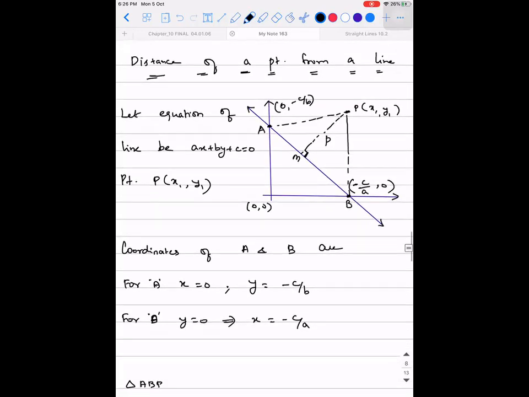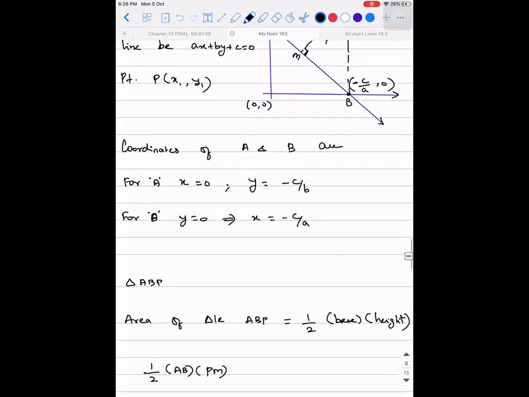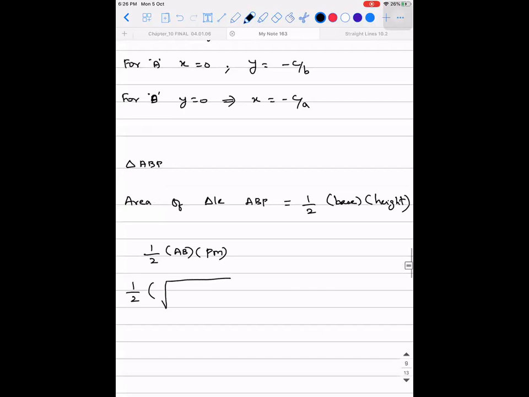What is the distance between points A and B? Square root of x2 minus x1 the whole square plus y2 minus y1 the whole square. So that will be square root of c square by a square plus c square by b square into PM. PM is the distance that we need to find.